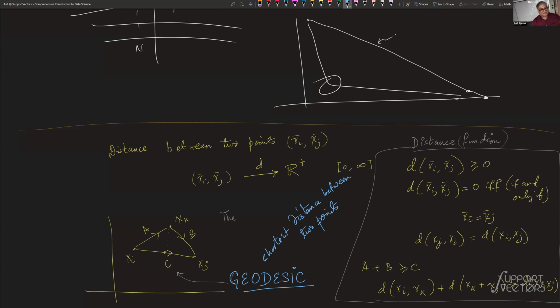And the example that we took last time is, if you think of the Earth, for example, and even if you're looking at it locally, then the distance between this point here and some other point here is not the distance through the center of the Earth, because that distance you can't actually travel.